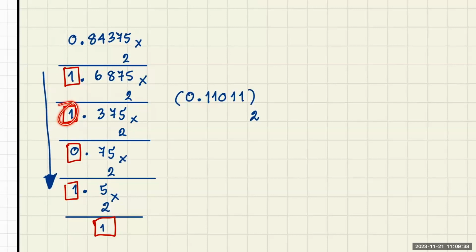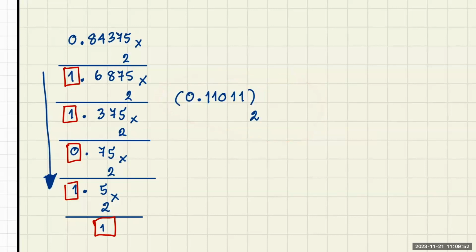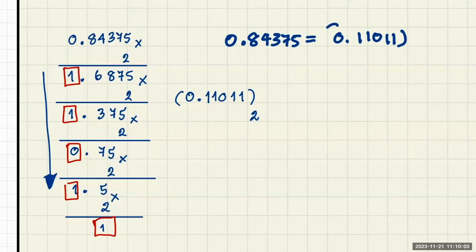We keep 1, take only 0.375 multiplied by 2, we get 0.75, then multiply by 2, we get 1.5, then multiply by 2, we get 1. So we have this base 2: 0.84375 can be written as 0.11011 in base 2.